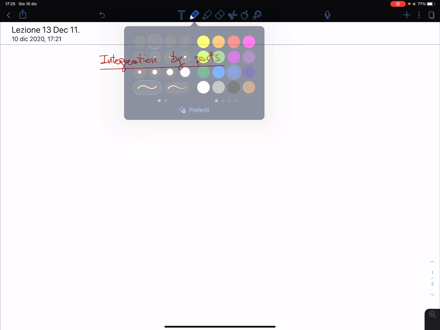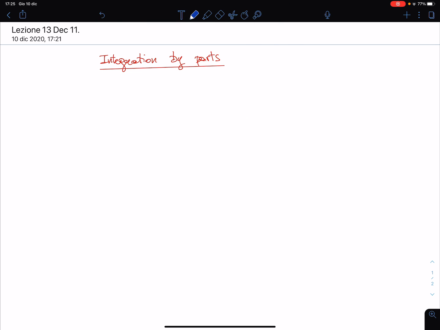So the title of this part is Integration by Parts. And the starting point is again a rule of derivation, in particular the so-called rule of Leibniz.